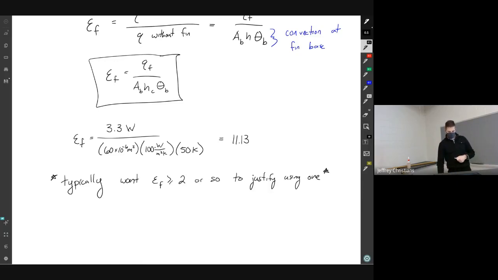The other way to think about it, so this is comparing how good is it compared to not having it there. Another way to think about it though is how good is this compared to a perfect fin?